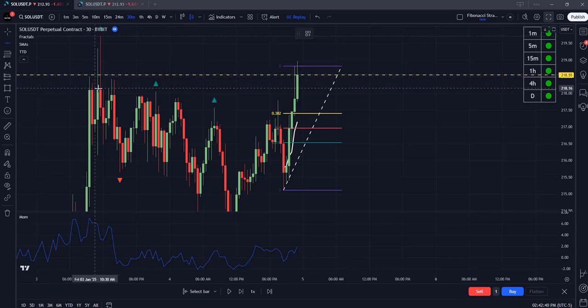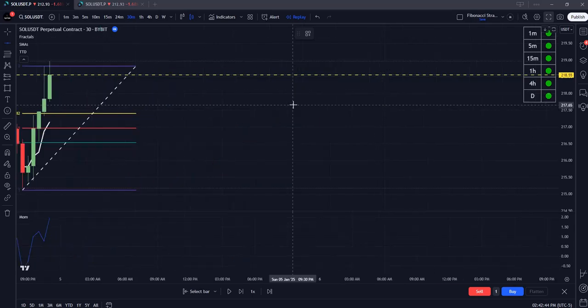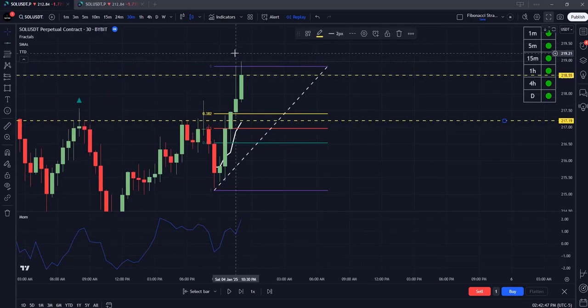This wick came up to there, and these two almost came up to there. So that would be a support level. And these candles are basically at the top of the support level, or of the resistance, I'm sorry. So this one's at the top of the resistance level. And on the 5-minute, same thing.